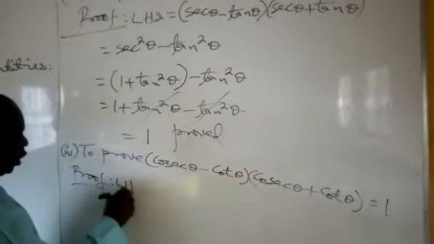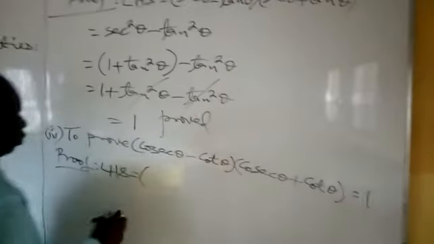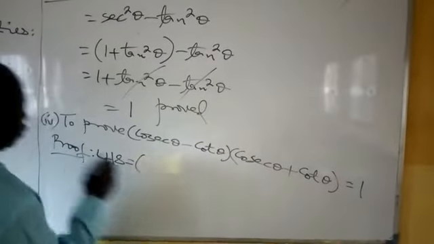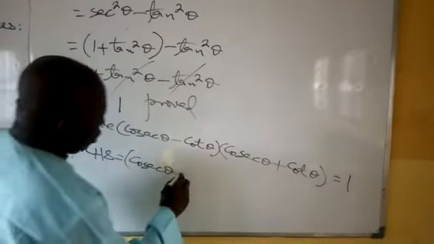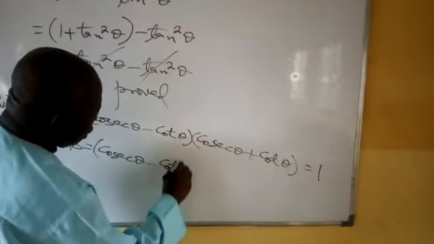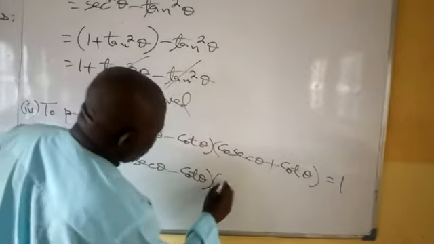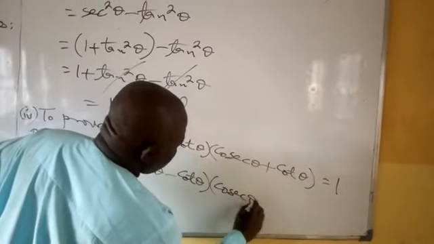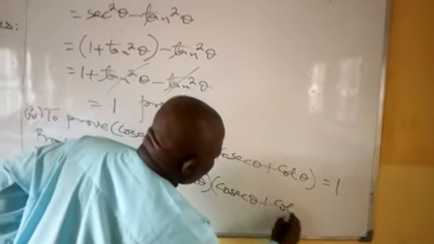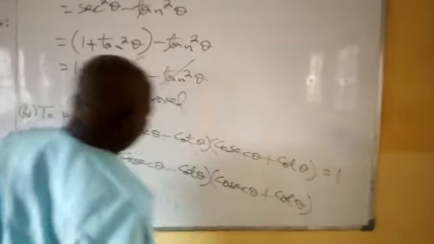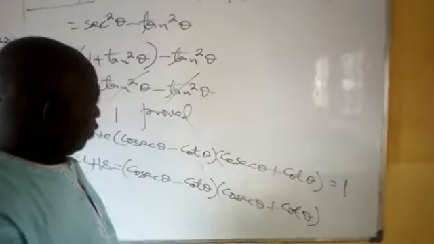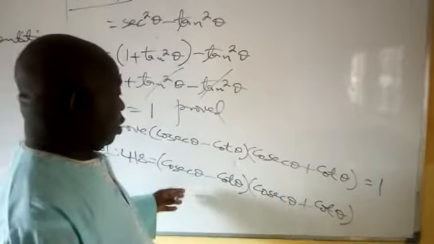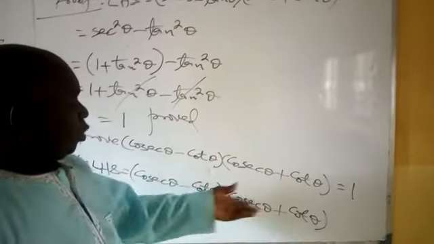Again, the left hand side is equals to cosec theta minus cot theta into cosec theta plus cot theta. This is the left hand side, so I simplify this. Again, if you can recognize it, this is the factorization of a difference of 2 squared.